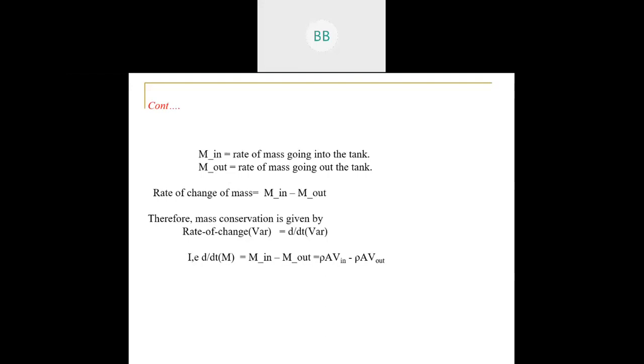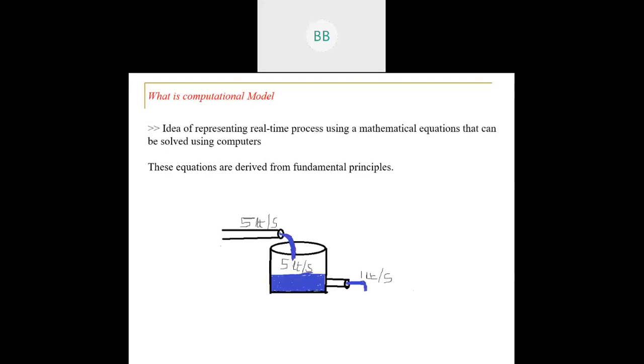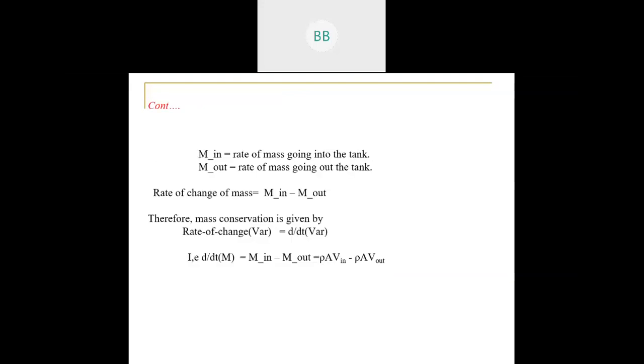Now, in the same example, let us try to find out how the temperature in the tank changes. Consider the temperature of the water in the tank is 80 degrees Celsius and the water going into the tank is at a temperature of 20 degrees Celsius. This mass equation alone cannot derive the temperature equation in the tank.